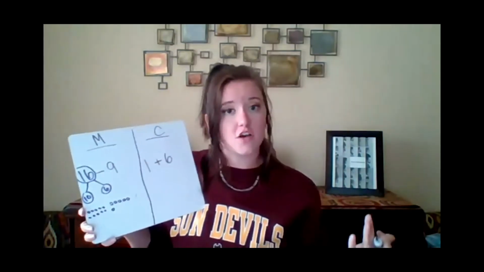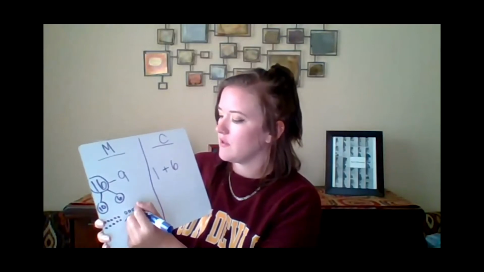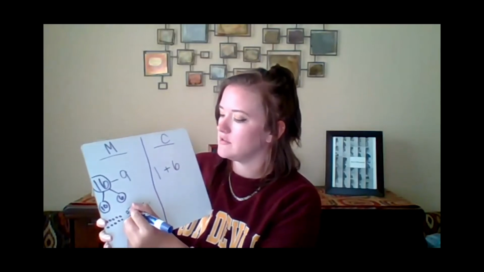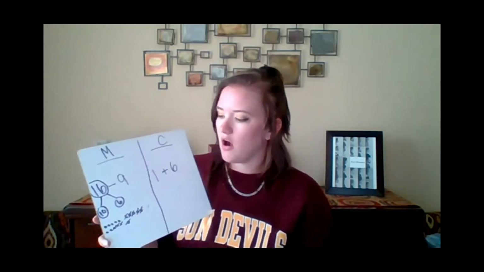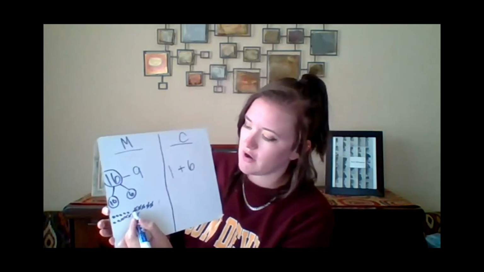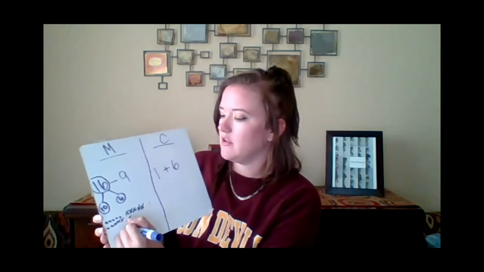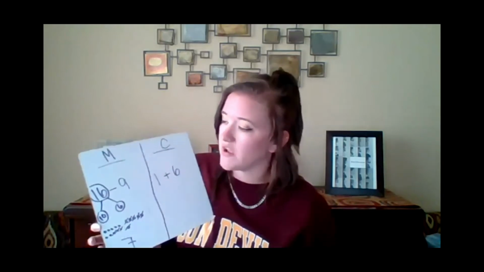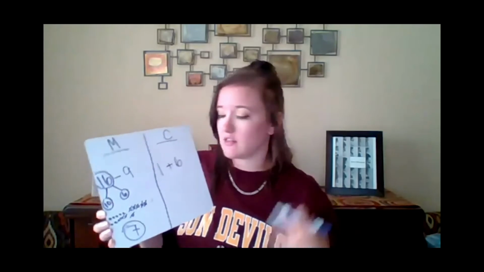All right, so let's cross off 9 of them. 1, 2, 3, 4, 5, 6, 7, 8, 9. All right, so now how many do we have left? We group into groups of 5, so we can see that we have a full 5 up here. 5 plus 2 equals 7. So Micah started with 16, he lost 9, and he has 7 trucks left.